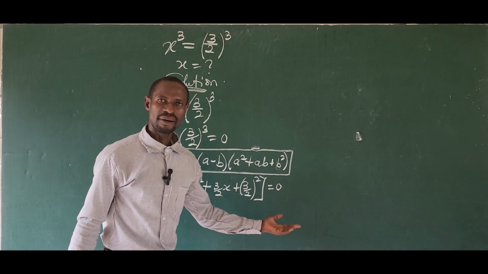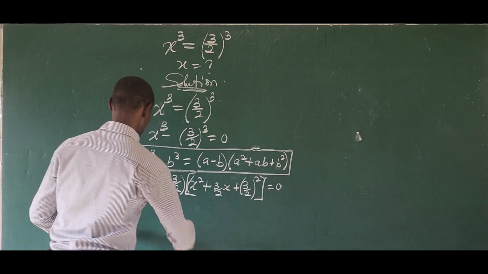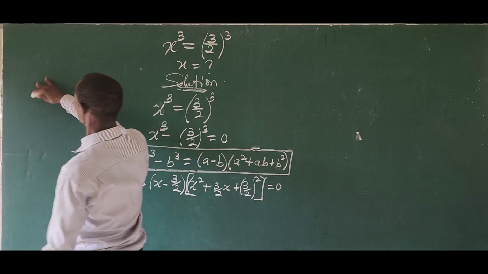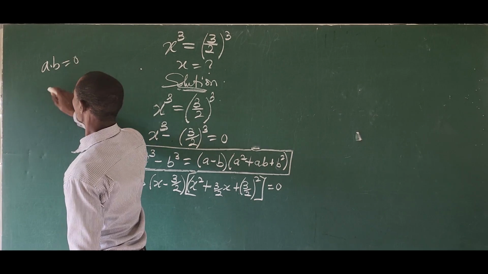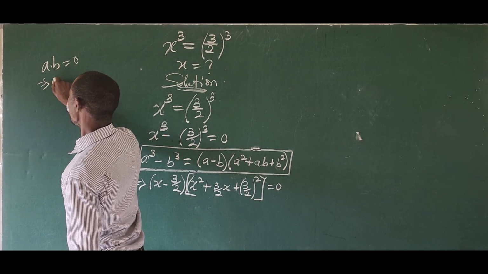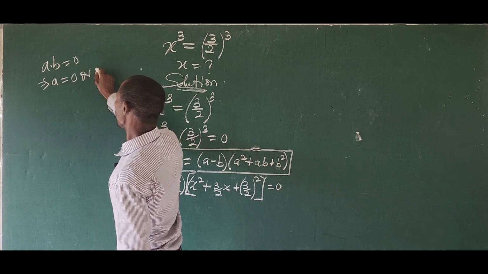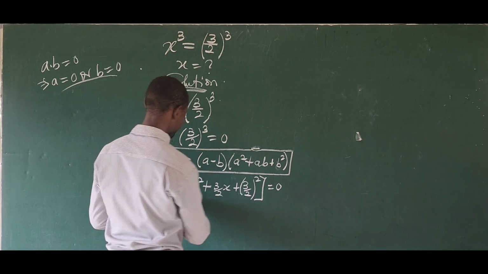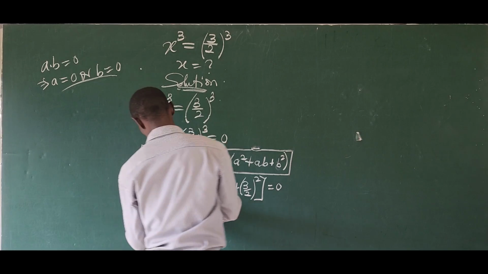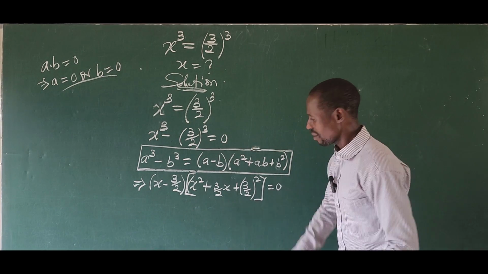So from here we apply what is called the zero product rule. It says that if you have a times b equals 0, we're going to have either a is equal to 0 or b is equal to 0. So if we apply that, we're going to have two cases from here. This is going to be case 1 and this case 2.